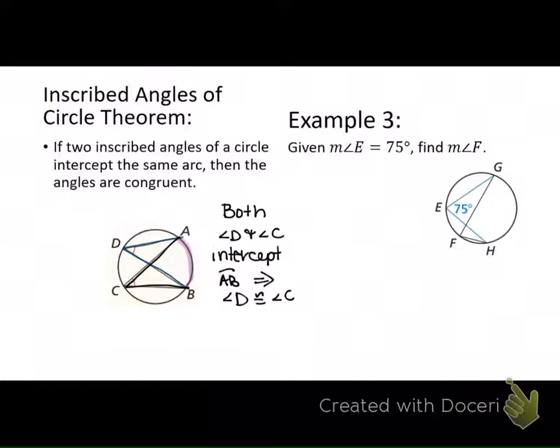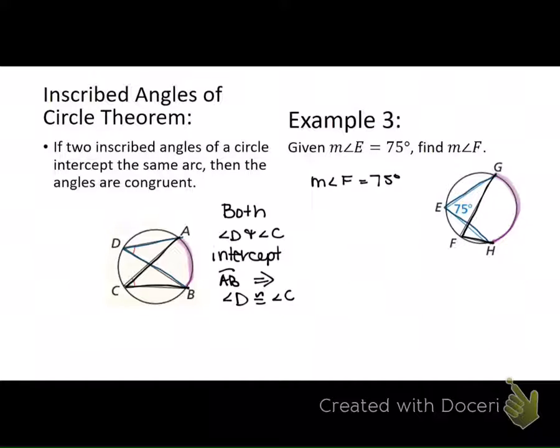Okay, so given that angle E is 75 degrees, find the measure of angle F. So instead of doing all this work, do they intercept the same arc? Do they intercept the same arc, guys? Yeah, so do we have to do any work, really? No, what do we know what the measure of angle F is?